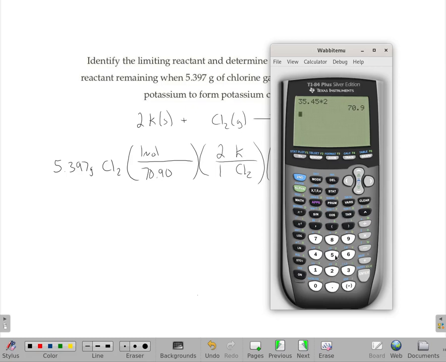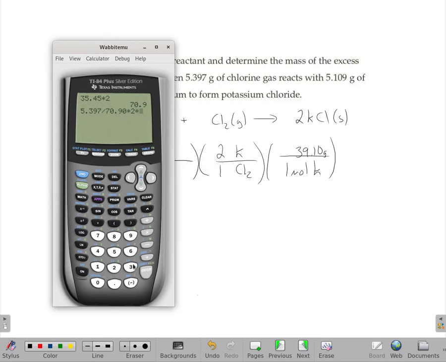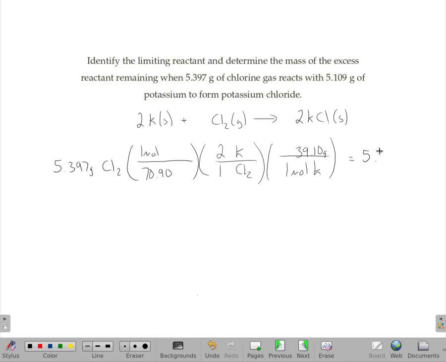So 5.397 divided by 70.90 times 2 times 39.10, I see that I would need 5.95 grams of potassium. All right, I don't have that. I only have 5.109 grams of potassium, so therefore I know potassium is my limiting reagent.